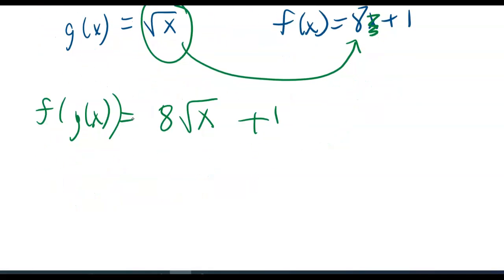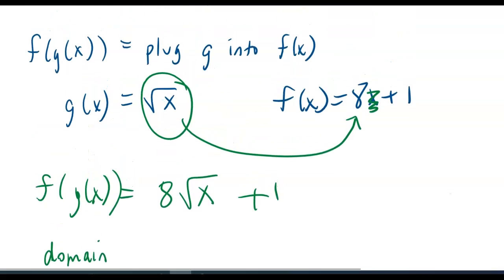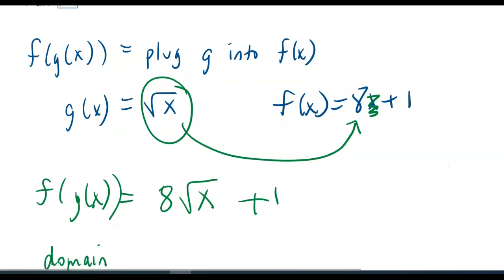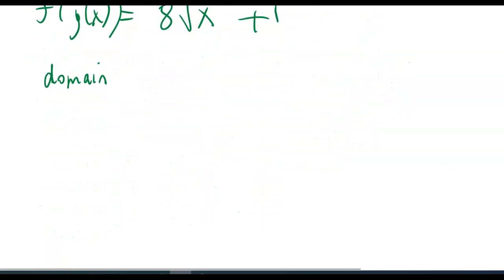And now if we want to find the domain, we need to think about it: the domain of f of g of x is the domain of g for which the function f of x is also defined. We have g of x originally is the square root of x, right?